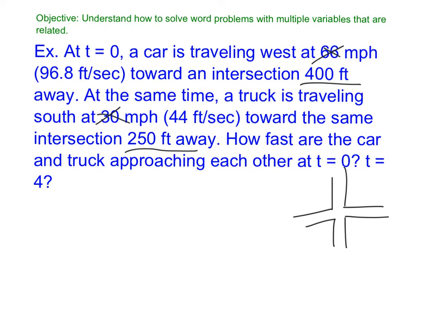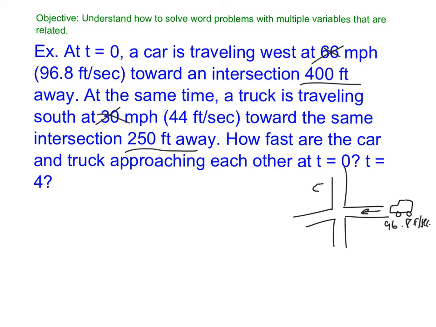Oh, the truck is traveling. Okay, so here's my car. Let's see if I can do the car. Hey, look how talented. You know you guys are jealous. So the car is going at 96.8 feet per second. And the truck is traveling south.